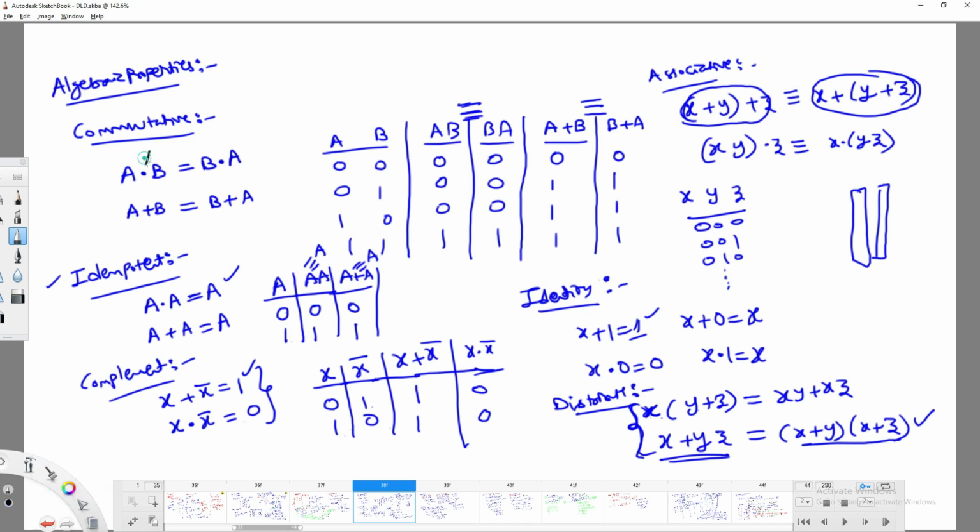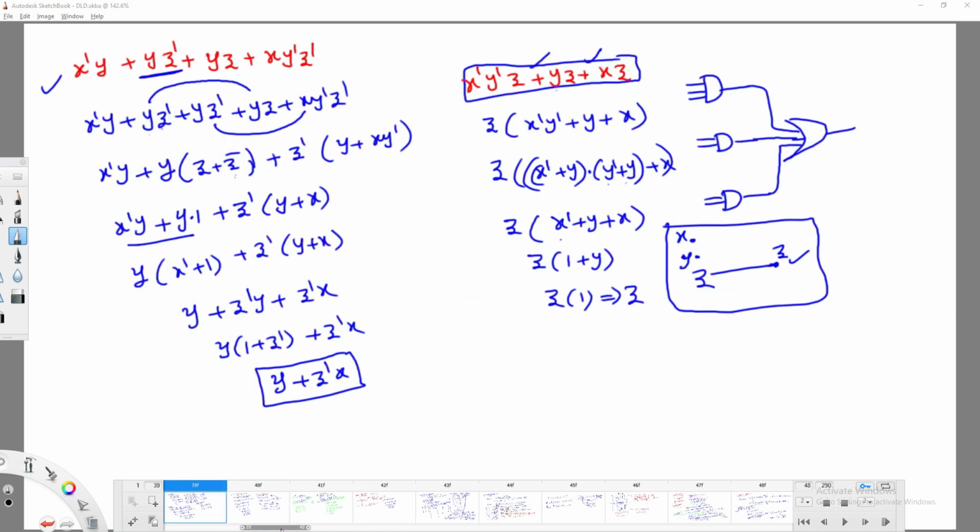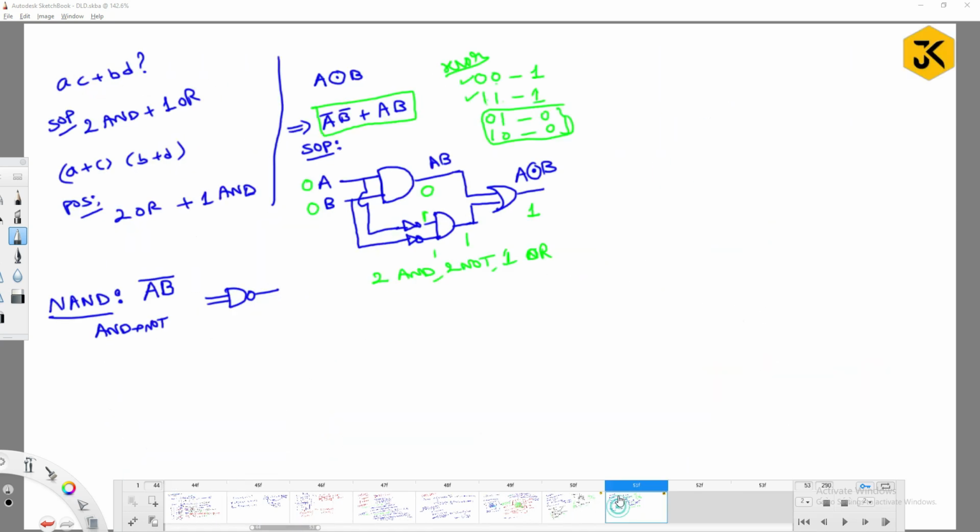This dot represents the AND operator, and this one represents the OR operator, right? Whatever expressions we have seen in algebraic properties, I have explained in terms of AND and OR, and all are satisfied. But what about in terms of NAND and NOR? They are also possible, right?